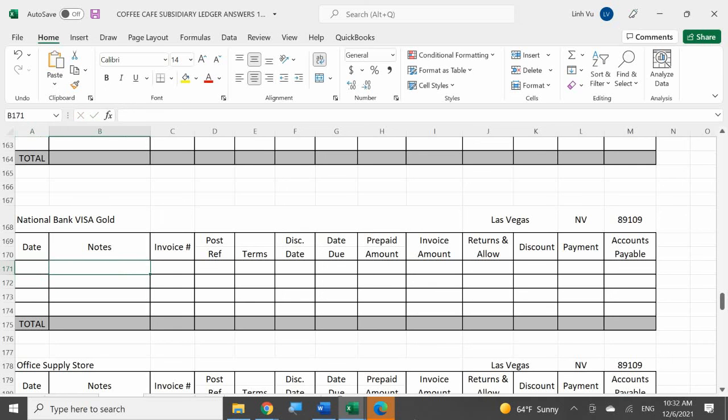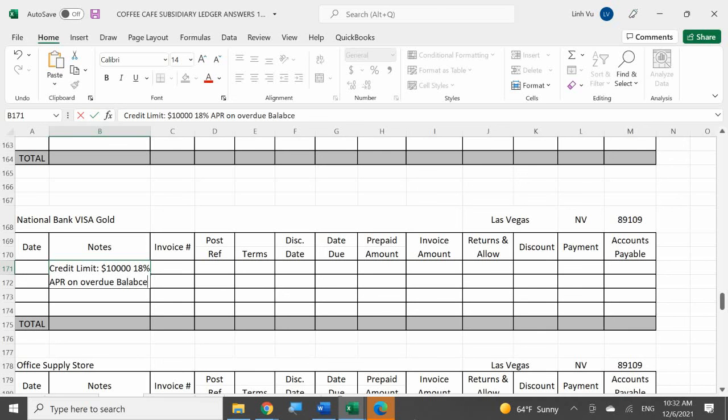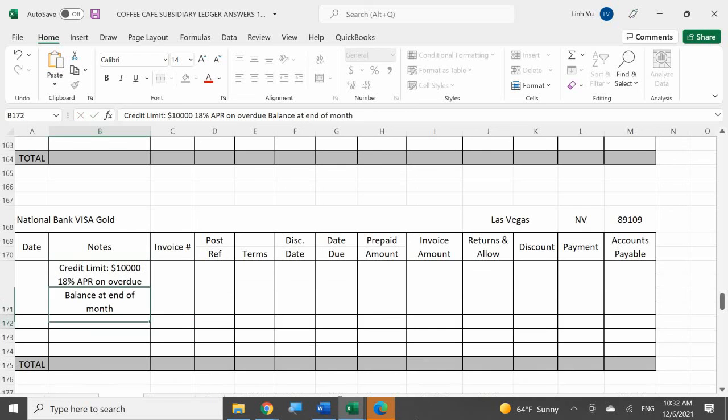But the information we need to record is that we have a credit limit of $10,000, and then 18% APR on overdue balances at end of month.